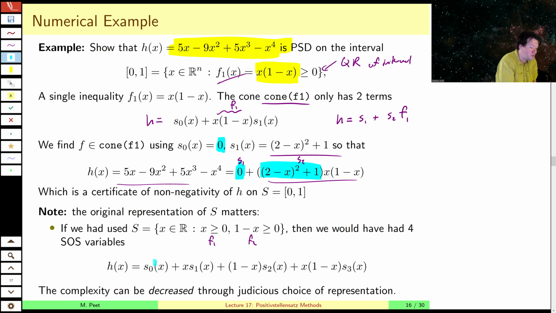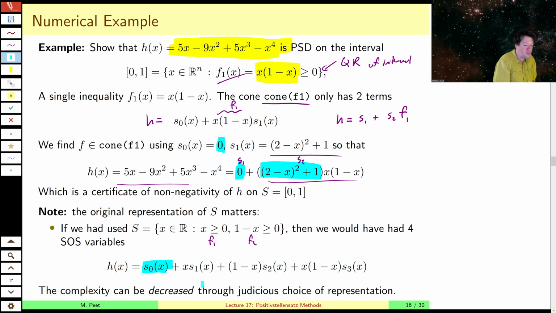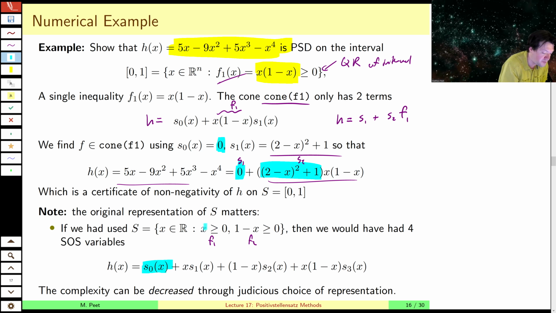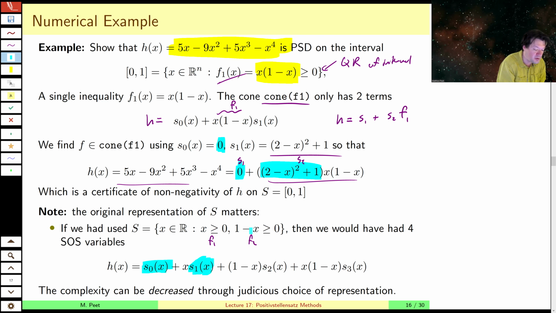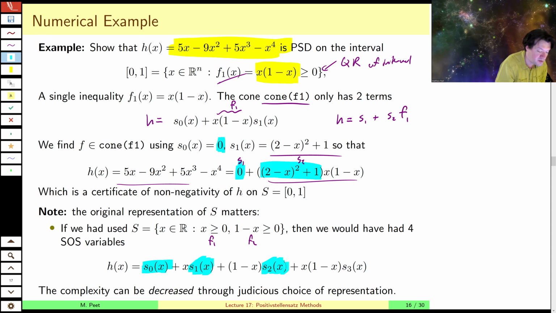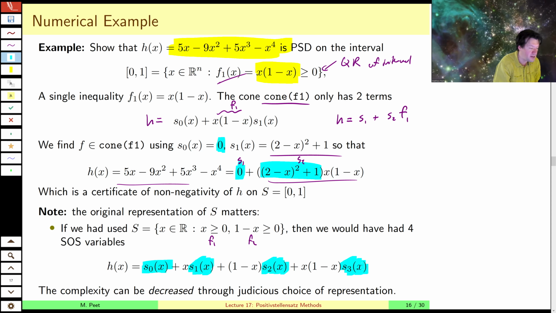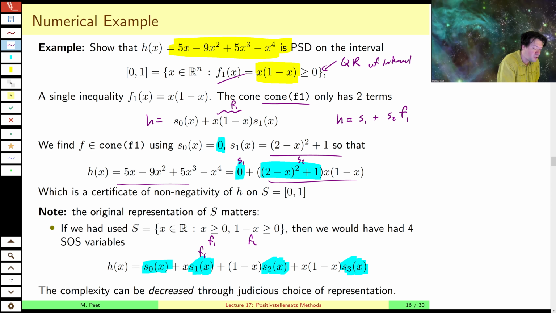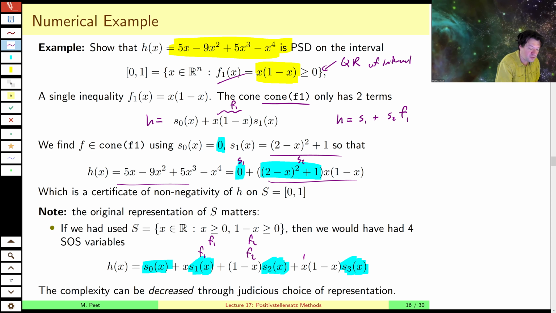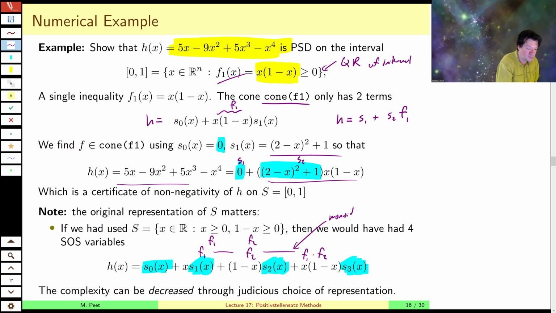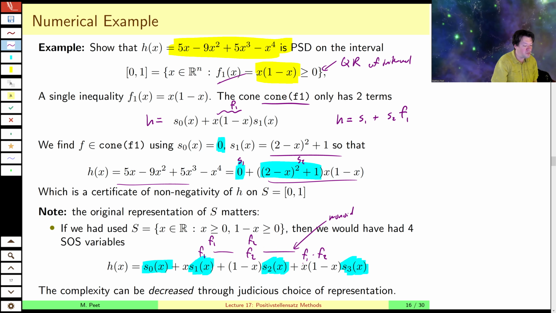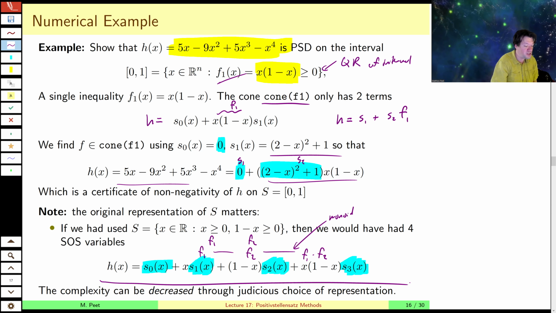In that case, we would have had the one we had before, and then we have to include a multiplier for the first inequality, that's the first multiplier, a multiplier for the second inequality, that's the second multiplier, and a multiplier for the product of those two, because we have to include every term in the monoid: F1, F2, and then F1 times F2. These come from the monoid. And then we have a multiplier for every term in the monoid to get our sufficient condition for representation of the set.